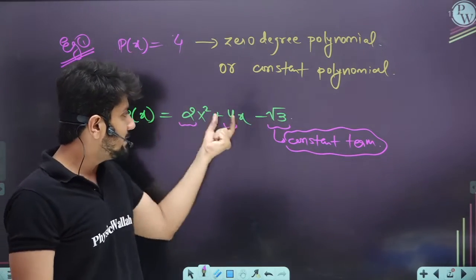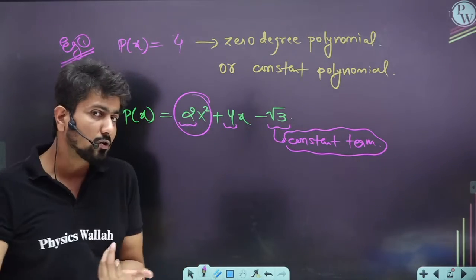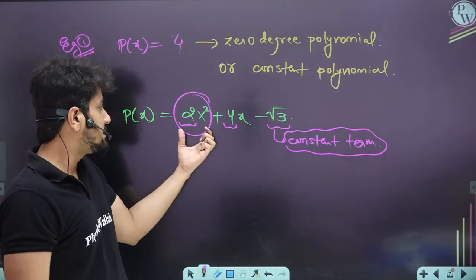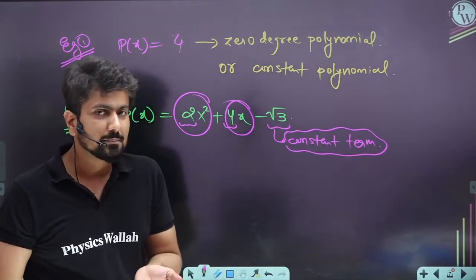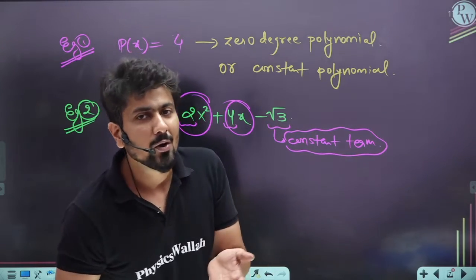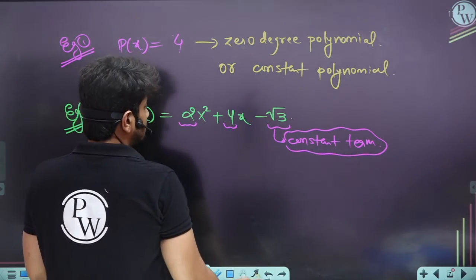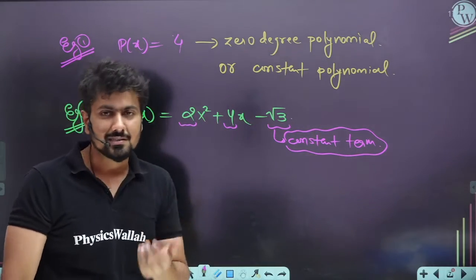There are 3 terms I can see in this. One of the terms is 2x square. This is not constant because if x changes, this term changes. Another term is 4x. That is not constant. This minus root 3 is a constant term. It is not dependent upon x, right? So it is called the constant term, and 2 and 4 are called coefficients.